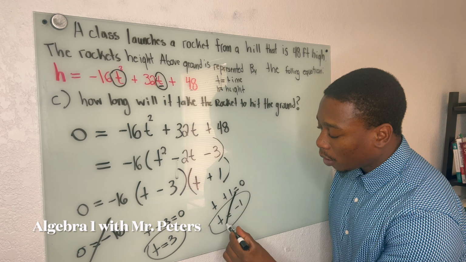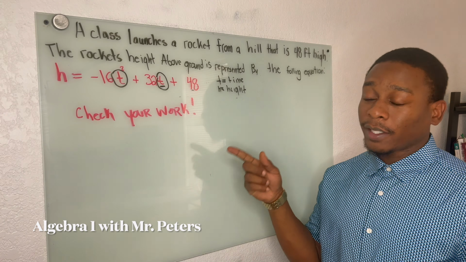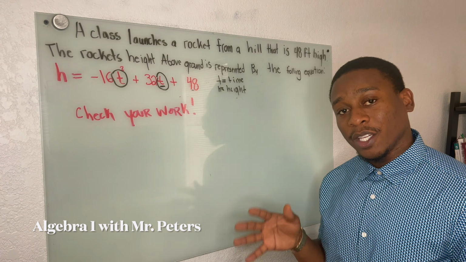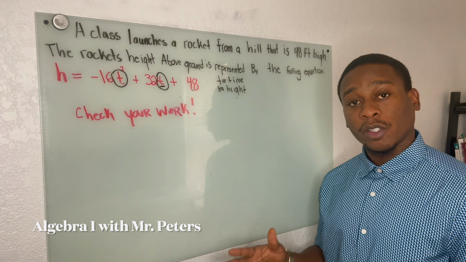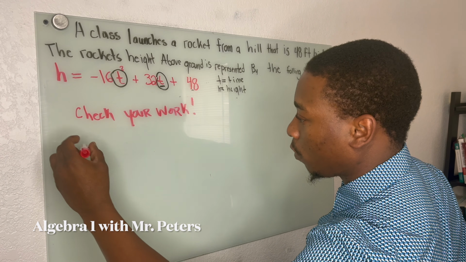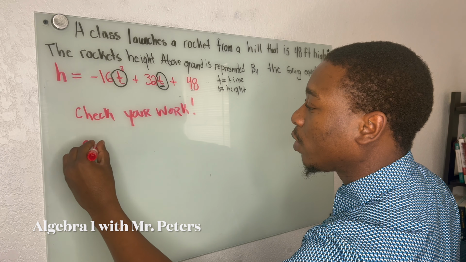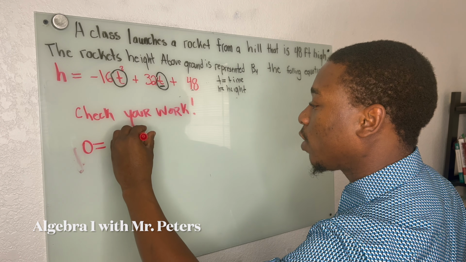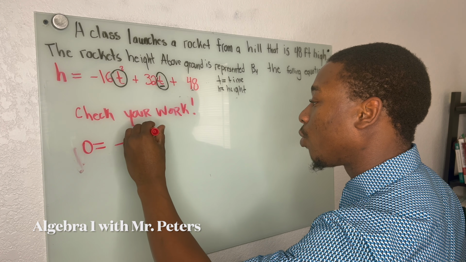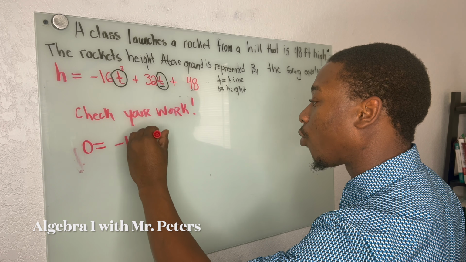All right, guys. The last thing we're going to do for this video is wrap it up by checking to see if t equal to 3 will satisfy this quadratic equation. When we go to solve, we're going to have 0 is equal to negative 16, and we're going to substitute 3 everywhere that we see t.